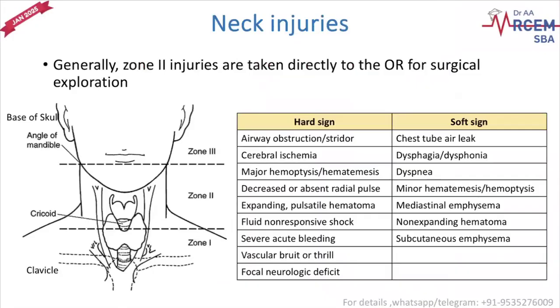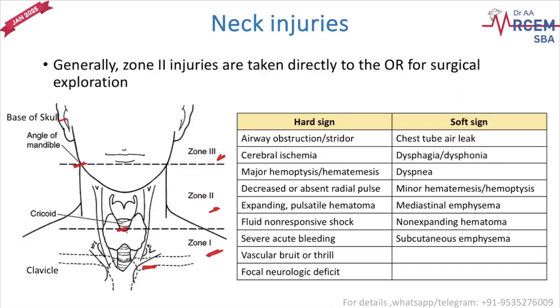Neck injuries. The only thing I usually advise you to remember here is that anatomically the neck is divided into 3 zones. Zone 3 is from the base of the skull to the angle of the mandible. Zone 2 is from the angle of the mandible to the cricoid cartilage. Zone 1 is from the cricoid cartilage to the clavicle.